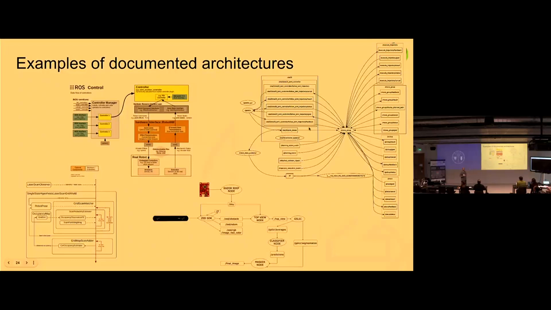This is already interesting because we can see that when people talk about architecture documentation, they might think about different things, from the computation graph to a layered architecture, or other kinds of representations.